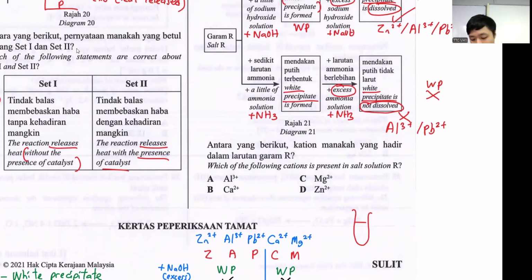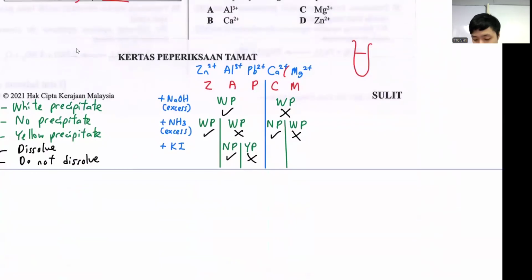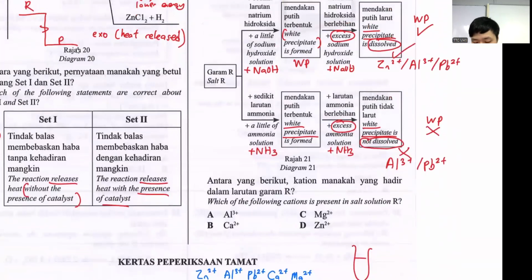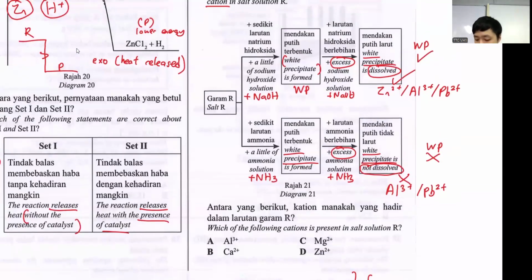Of course, in this case it can also be magnesium ion because they didn't have the order. But since the first test doesn't have magnesium ion, it means we prove that magnesium ion is not present.